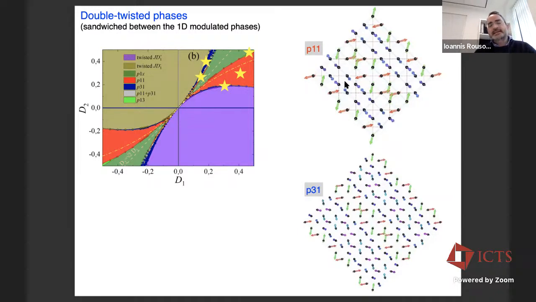What we see here basically is a double twisted modulation. We see a modulation along the direction that we had before, but now we also see a modulation in this direction. And the best way to think about this is that you have patches or domains of an all-in, all-out kind of state separated by a JD1 twisted kind of state. So it's basically a combination of the neighboring phases, what we get in between.